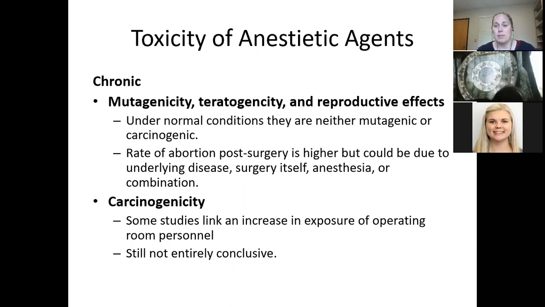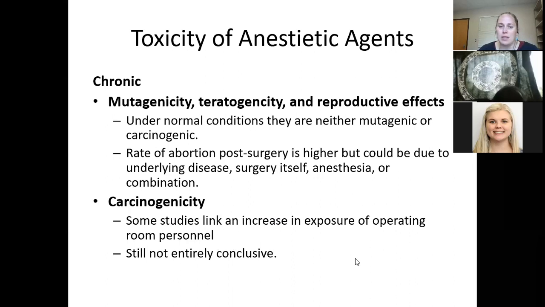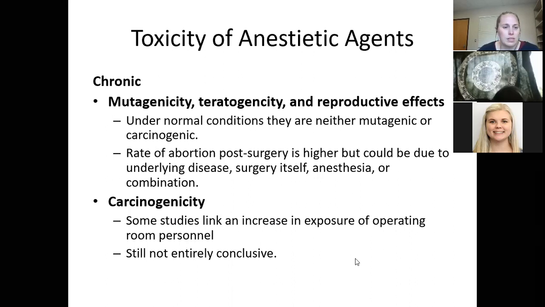Or is there some type of stress that the body undergoes during surgery that could be causing that negative response? In terms of carcinogenicity, there have been some correlative studies that have shown an increase of cancers in operating room personnel, but there haven't been any conclusive studies.